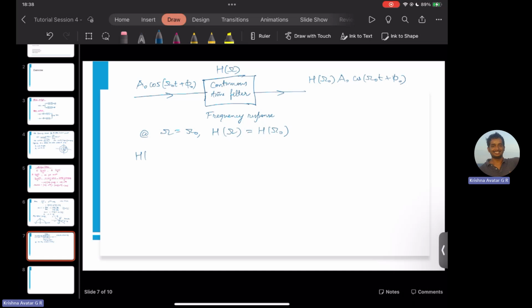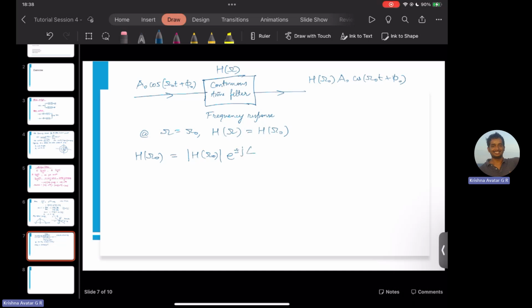Now H of omega naught is a complex number in general. So it will be written in the following manner. Here the magnitude, e to the power minus j some angle, that minus of angle of H omega naught. Depending on how you like it, it can be plus or minus, but say some angle it has, right?